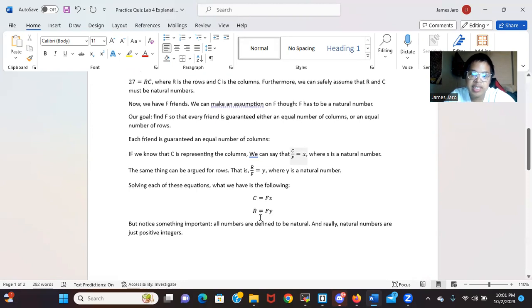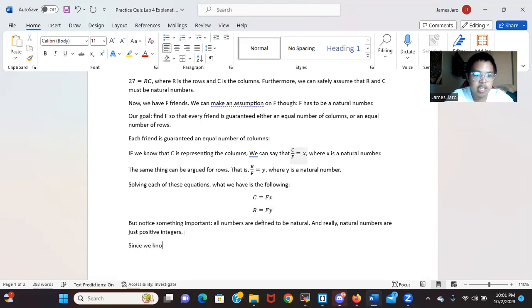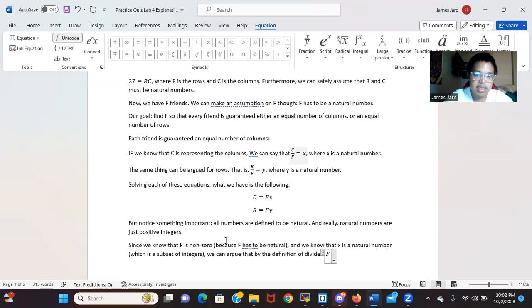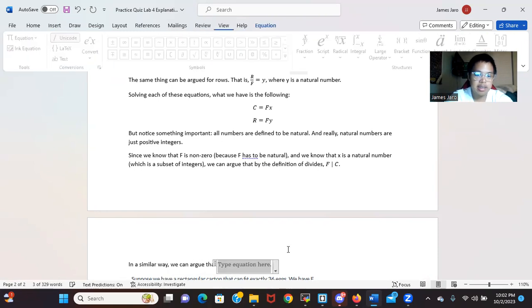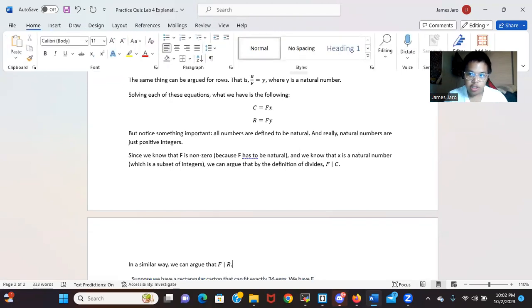Since we know that F is non-zero, because it has to be natural, and natural numbers can't include zero, at least in our class, and we know that x is a natural number, which is a subset of integers, we can argue by the definition of divides that F has to divide C. In a similar way, we can argue that F divides R. So really, what we're saying is: can F divide C or F divide R?